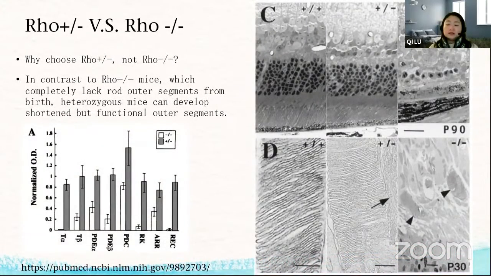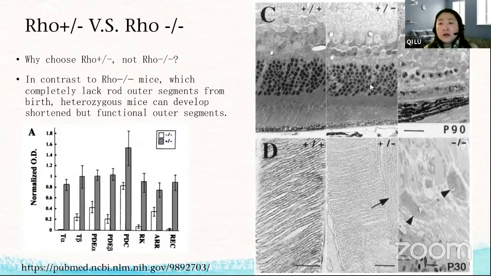I checked a review talking about the difference between the rhodopsin heterozygote and the rhodopsin homozygote. Compared to the rhodopsin homozygote, which is a total knockout, in the heterozygote the photoreceptor outer segment is still mostly preserved, although it's shorter than the wild type control.